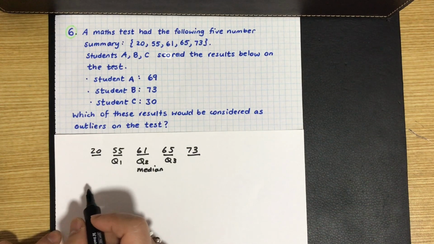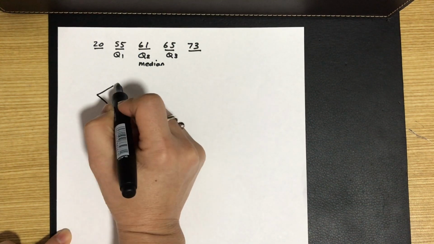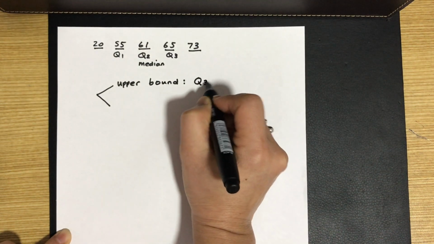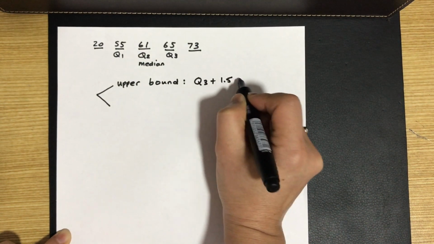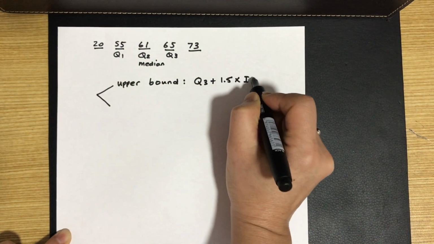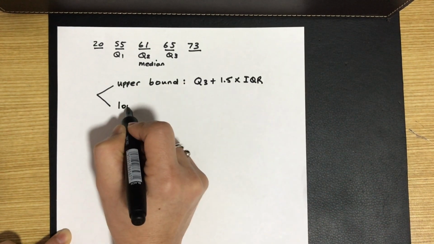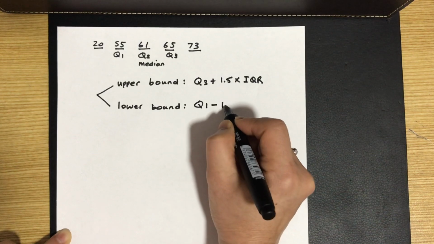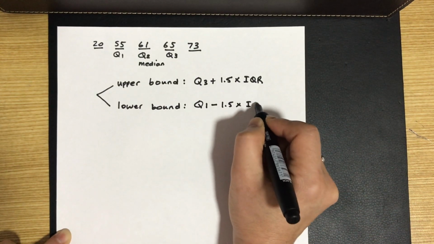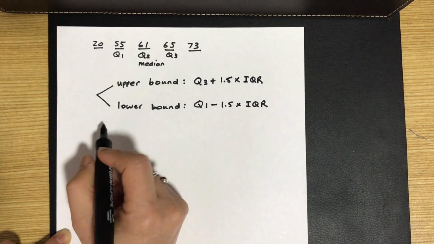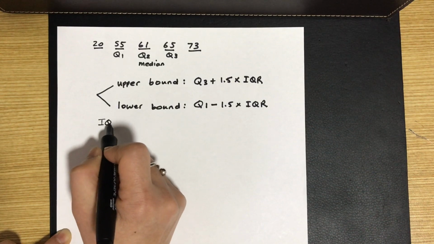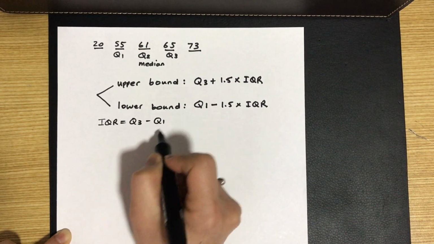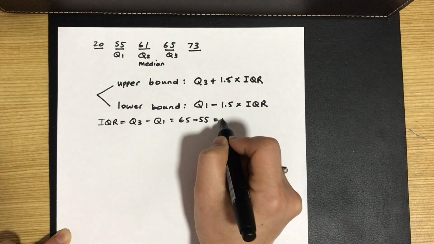Let's have a look at outlier formulas. We have upper bound Q3 plus 1.5 times interquartile range. Lower bound Q1 minus 1.5 times IQR. We can find interquartile range, which is Q3 minus Q1, will give us 10.